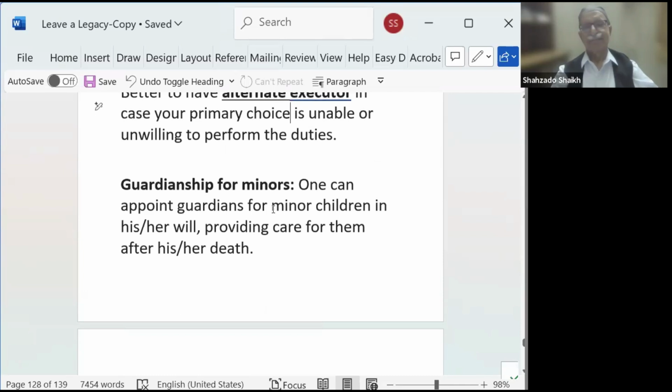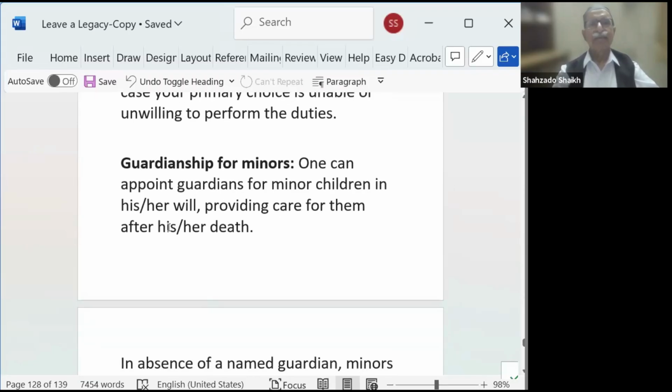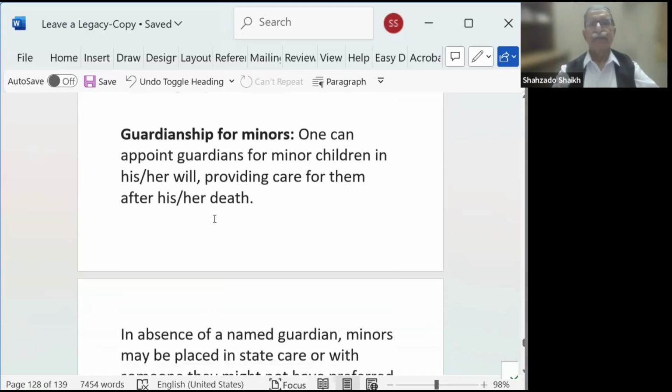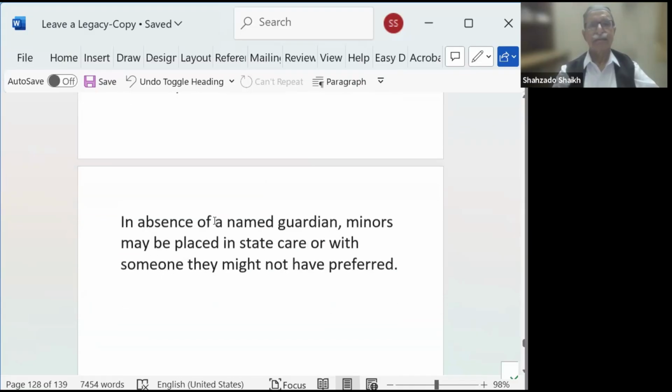Guardianship for minors. You can, in the will, appoint the guardian for your minors. I'm repeating, in the will. One can appoint guardians for minor children in his or her will, providing care for them after his or her death.